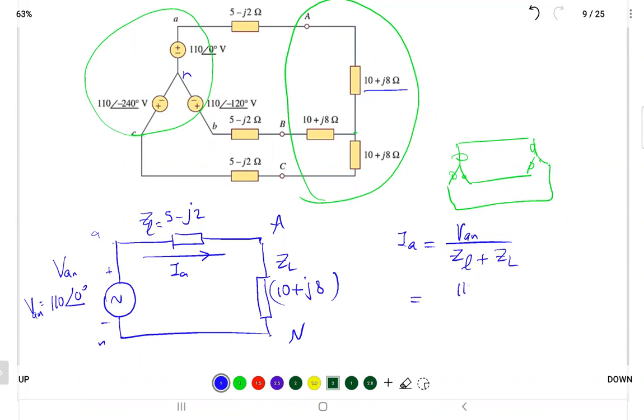The voltage is 110 at angle 0. The transmission line is 5 minus j2 plus 10 plus j8. So 110 angle 0 over 5 plus 10, which is 15, minus j2 plus j8, which is plus j6. And just use your calculator, the complex mode.